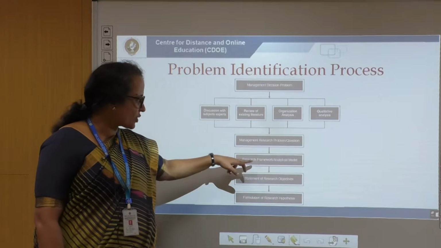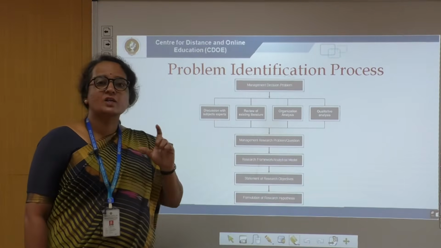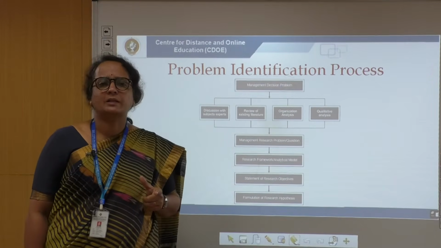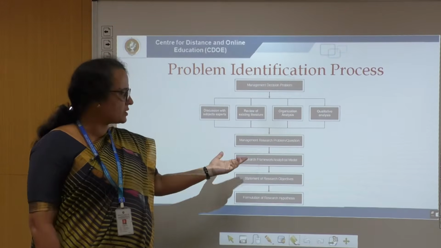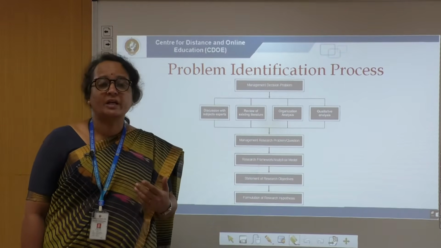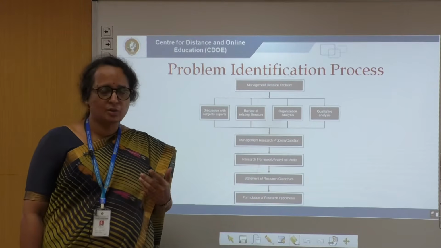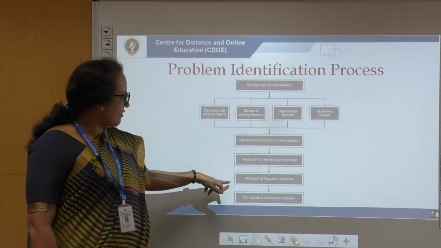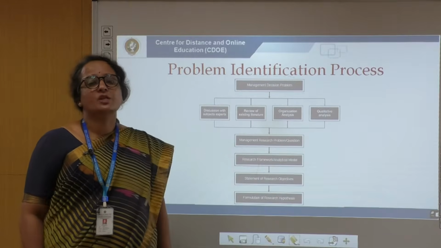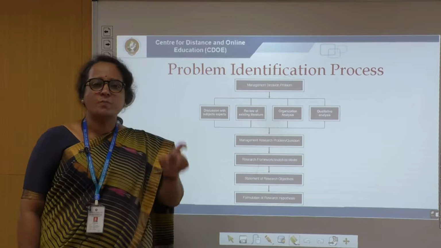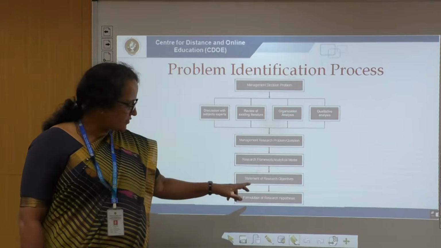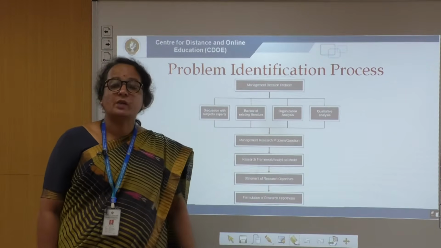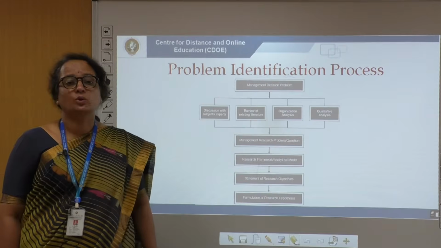Once the research questions are framed, a research framework will be developed by the researcher. A research framework, or conceptual framework, or sometimes an analytical model will also be developed to solve the problem. After that, a clear statement of research objectives: the objectives for conducting the research will be stipulated by the researcher. After this, they may go for formulation of a research hypothesis.